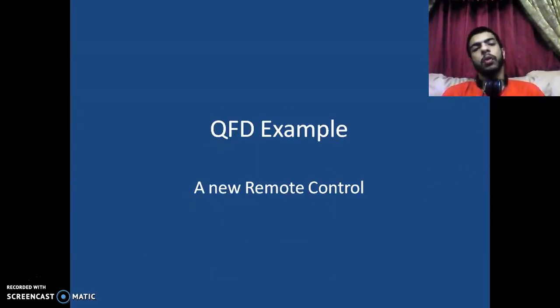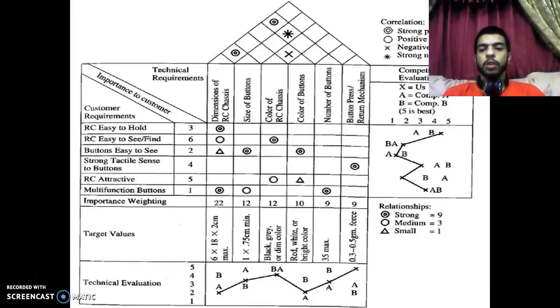Now I will try to explain quality function deployment with the help of an example, and it's an example of launching a new remote control. So here we can see these are the customer requirements which the company must have carefully listed as per the market research or the surveys.